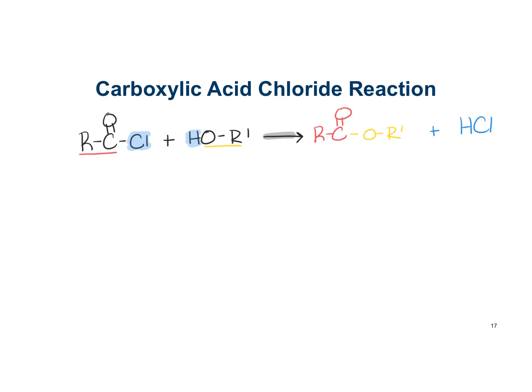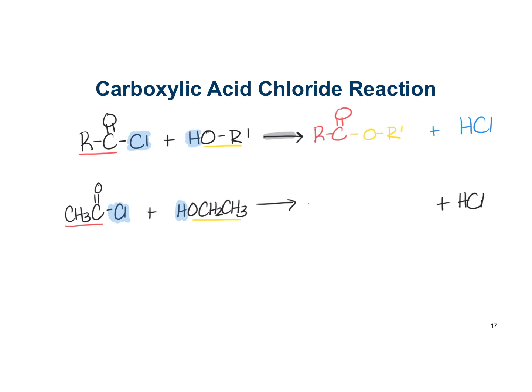So let's look at a specific example. We're going to react acetyl chloride with ethyl alcohol. And again, I like to highlight what's going to react away. So that's going to form HCl. That's the first step of solving this problem. And then I say that means that this and this part have to combine.